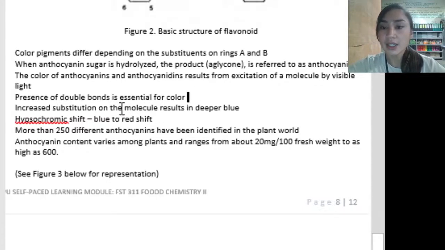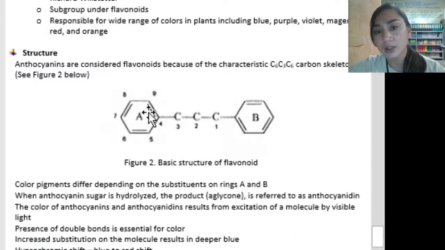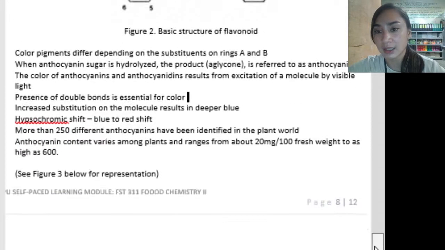Okay, the more substitution there is, the deeper the blue there is in the structure. So, kung makikita nyo dito, wala pa siyang substituent eh. Pero, once nagkaroon na siya ng substituent, let's just say, meron ditong 5 substituents, the deeper the blue. Kasi mas madaming substituent, mas matingkad yung pagka-blue ng pigment.